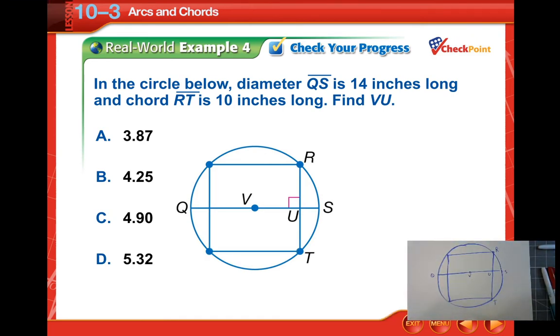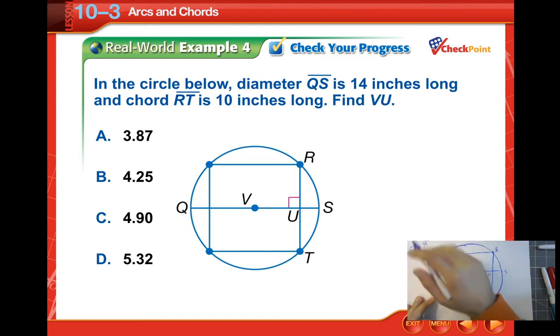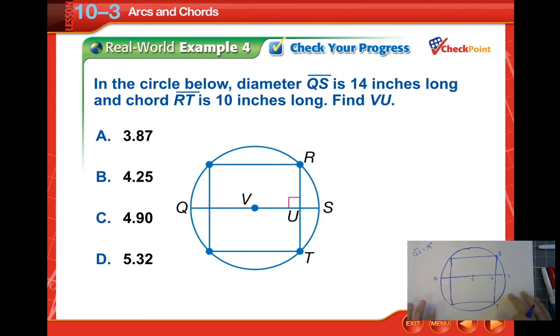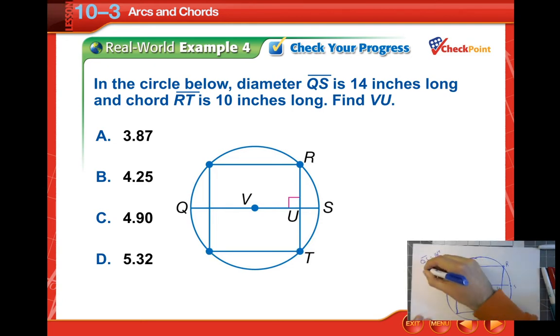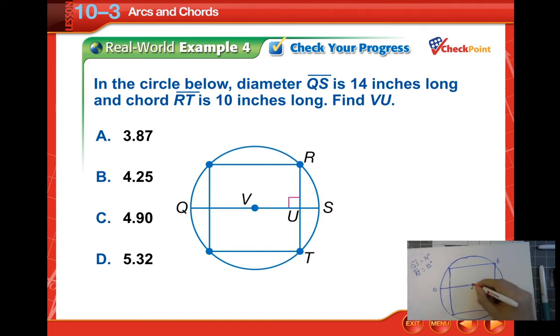So we have diameter QS is 14 inches. Remember, 2 tick marks for inches, 1 for feet. RT is 10 inches. And we are looking for the exact same section. So once again, I'll take a color. Let me know what I'm looking for.